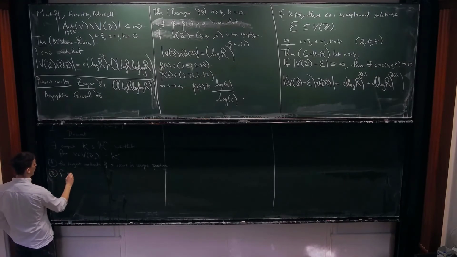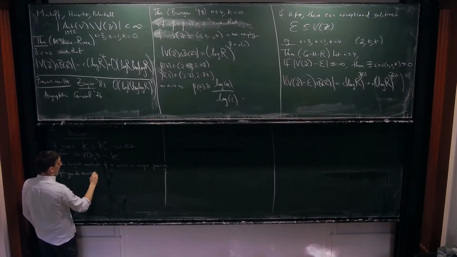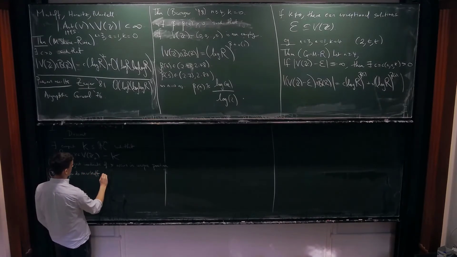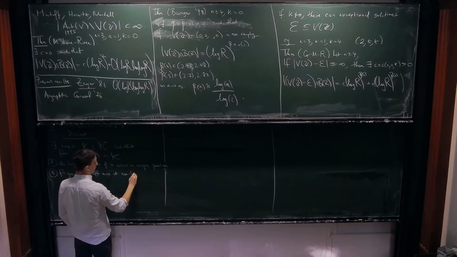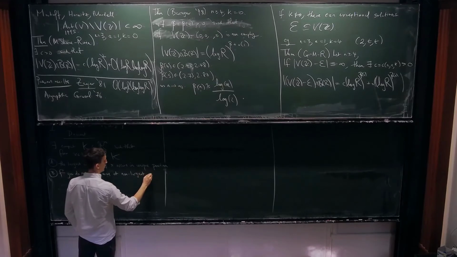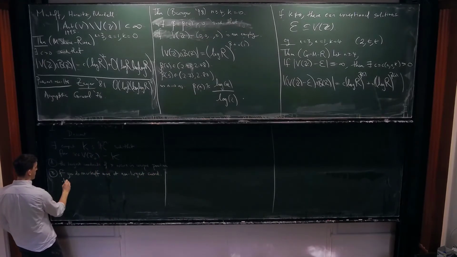if you do a Markov move at a coordinate which is not the largest, at a non-largest coordinate, it becomes the largest.